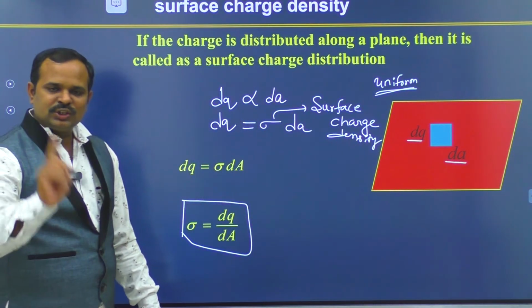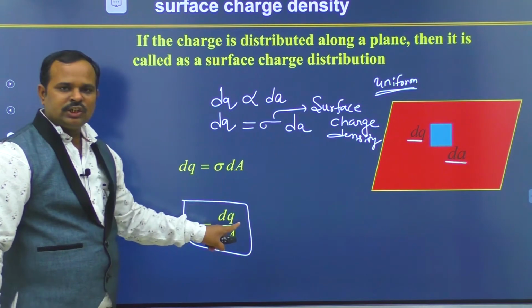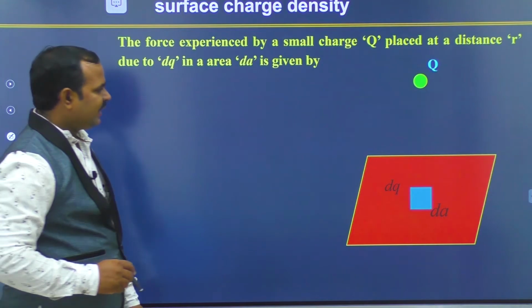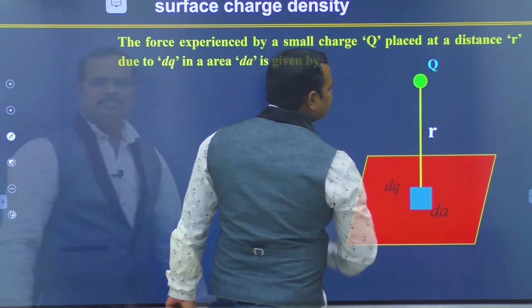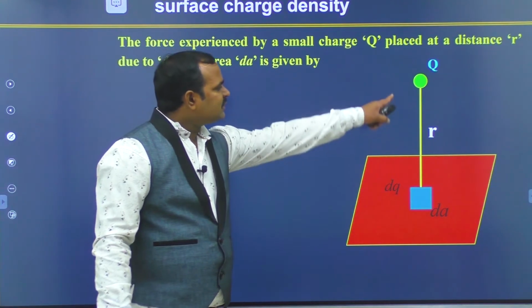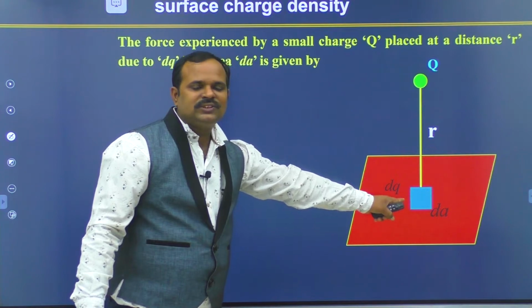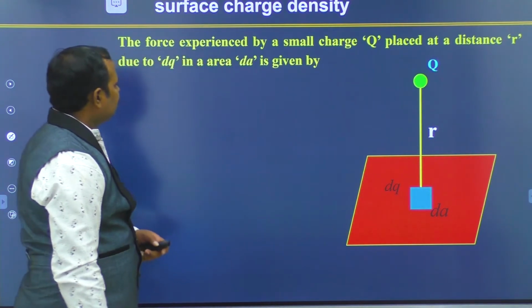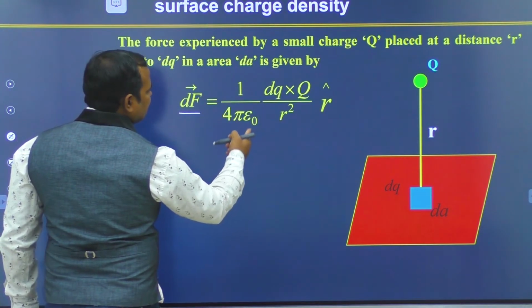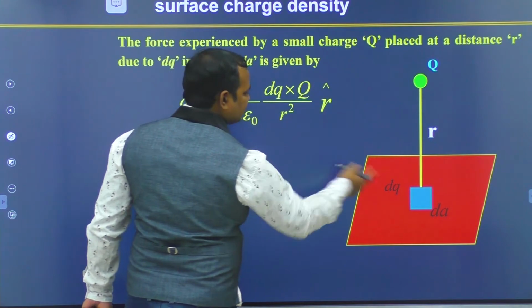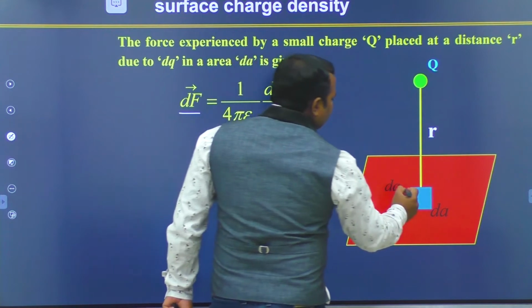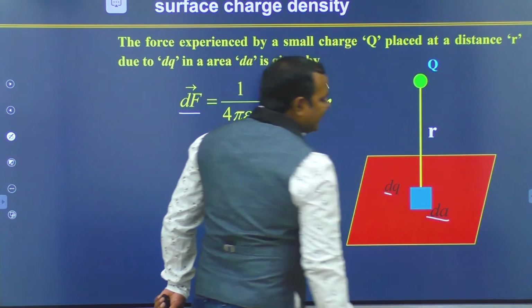Now if you keep a charge q at a distance r from this surface charge distribution, then the force experienced by this charge because of the distribution is given simply by dF equal to 1 by 4 pi epsilon naught dq into q by r square, using Coulomb's law. This is only due to the small charge dq in the area dA.